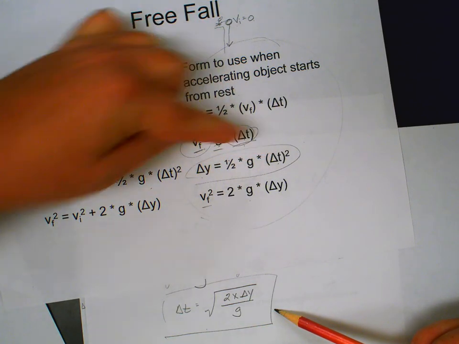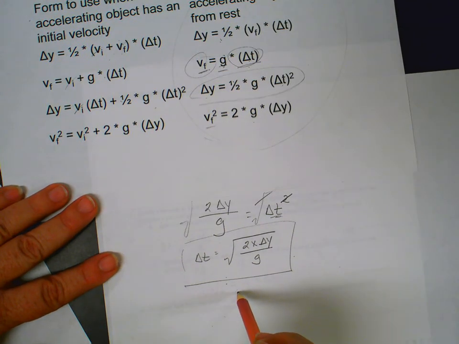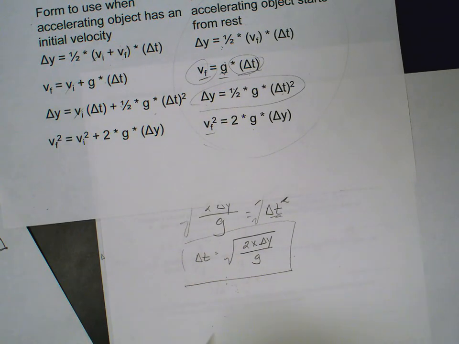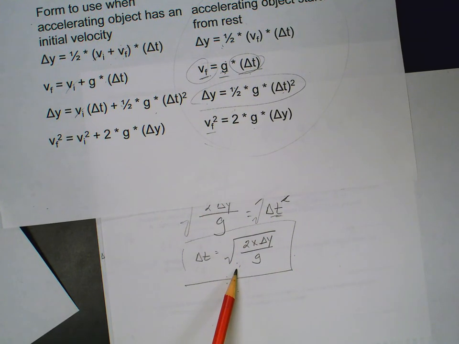So we just rearranged it, and you get this. Add this to your arsenal. Same equation, this one's rearranged to search for time. And I think the rest of them either follow directly along one of these or use this equation.